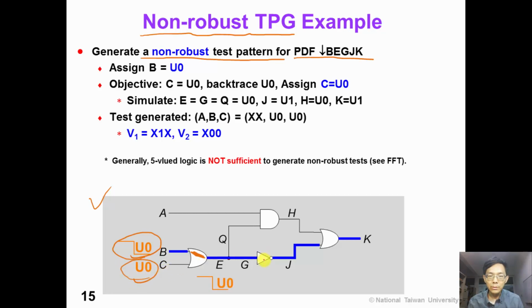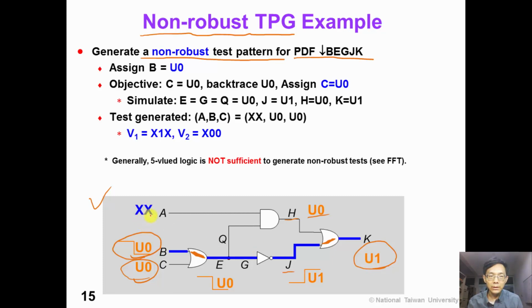And we run a simulation, and J is U1, H is U0. And then we can non-robustly sensitize this transition to the output. So we successfully generate the non-robust test for this path delay fault.